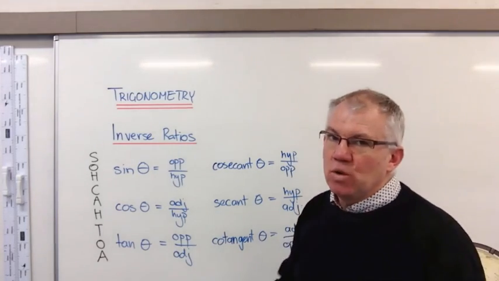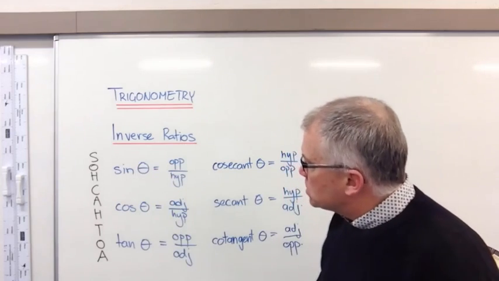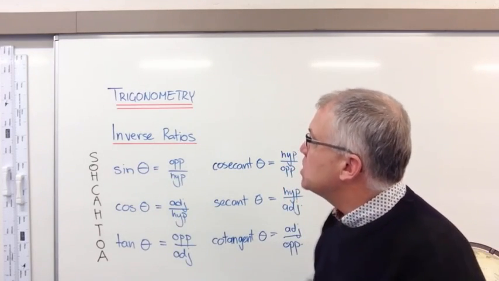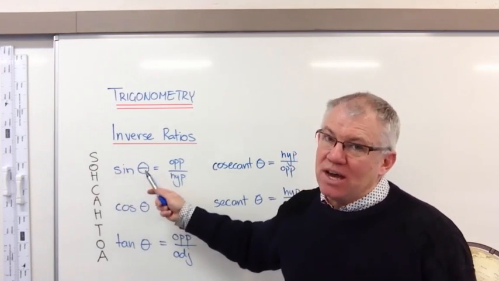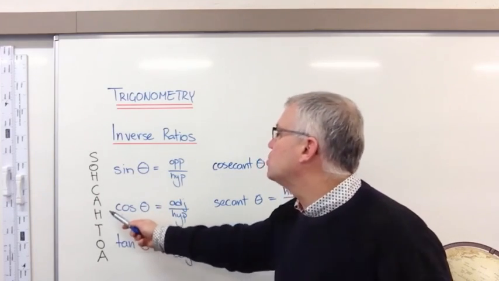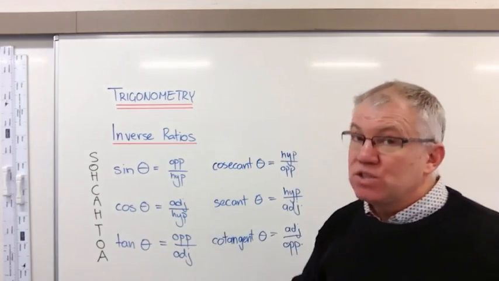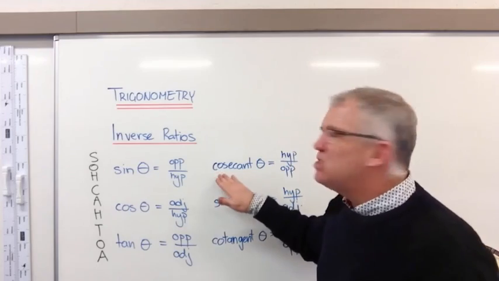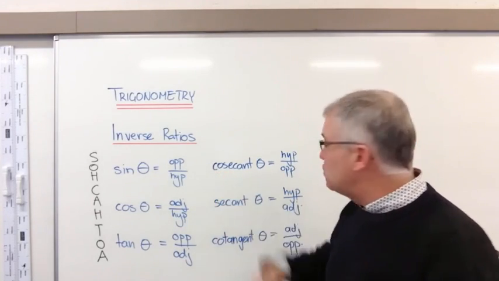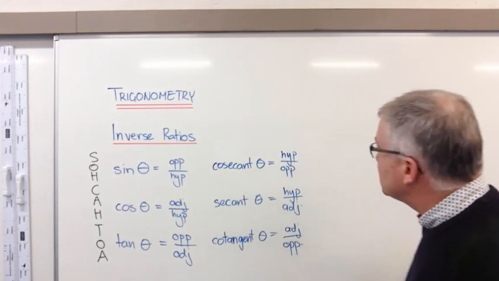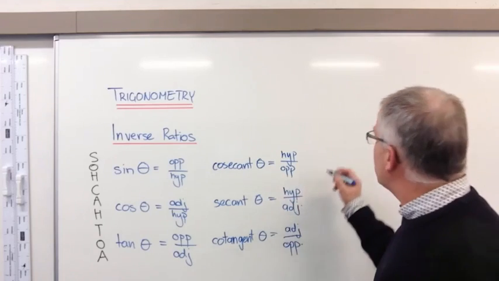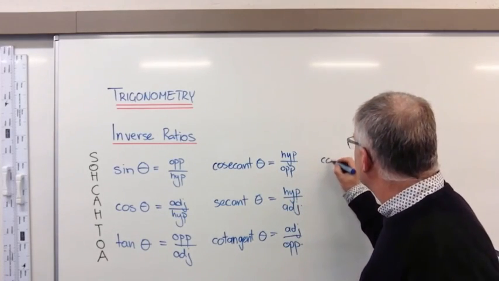Now, just like with the original three trig ratios, where we didn't want to write the whole word sine, cosine or tangent, so we abbreviated them, we do the same thing with these inverse ratios. Cosecant we just write as cosec.